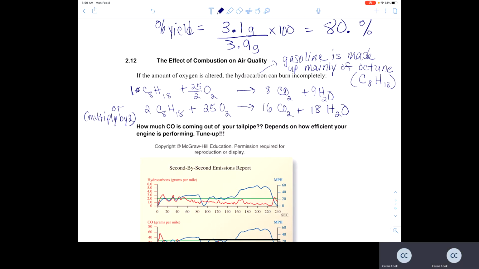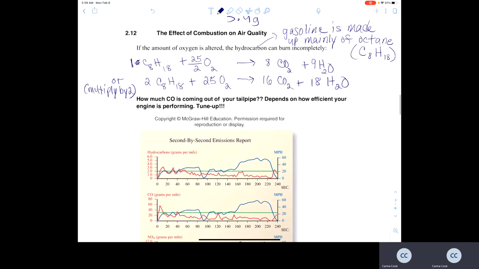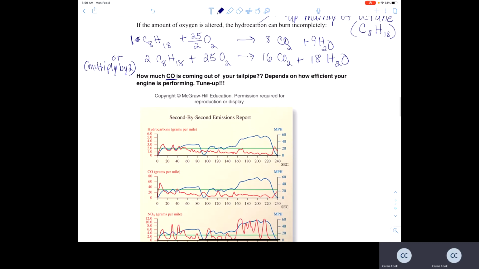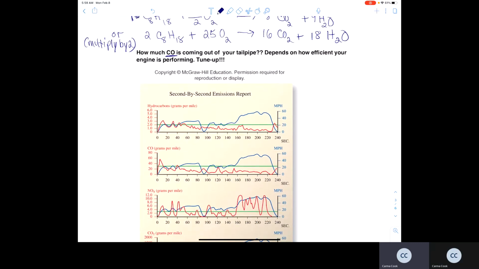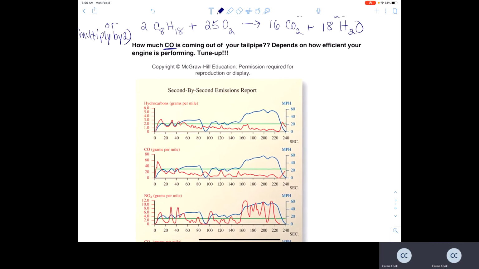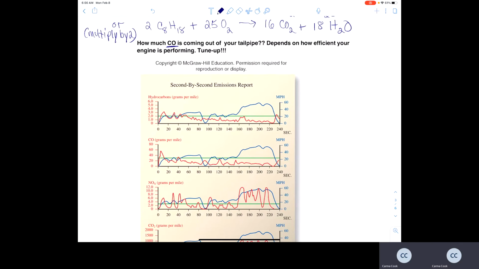And so one thing that the emissions test analyzes is the amount of carbon monoxide, CO, that's coming out of your tailpipe, in addition to some other air pollutants like nitrogen oxides, and also how much CO2 is coming out of your tailpipe, because it's a greenhouse gas that contributes to climate change.